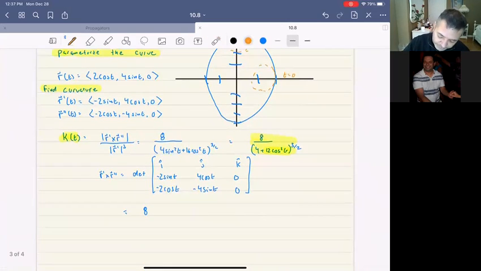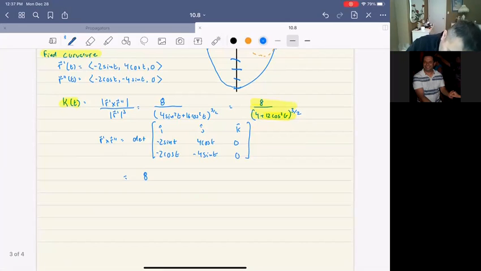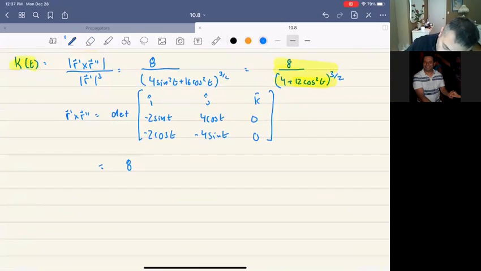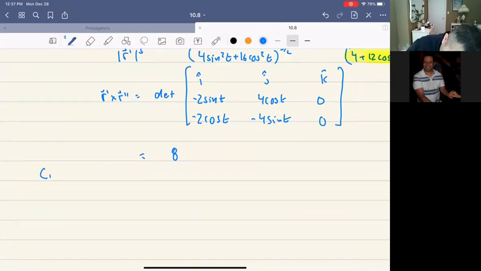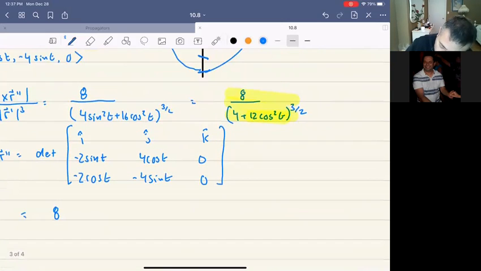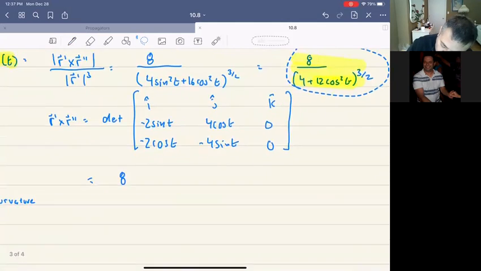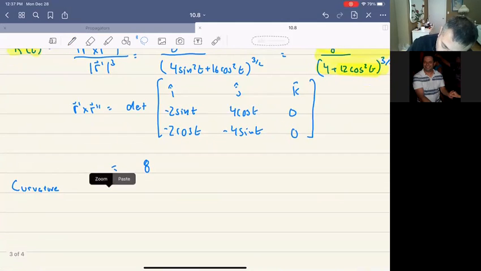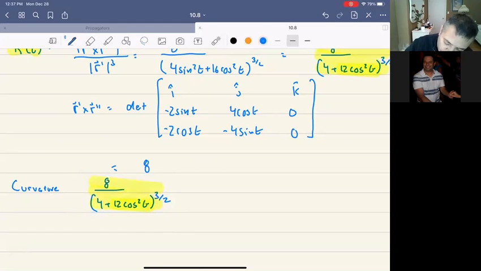When t equals 0, what's this going to be?